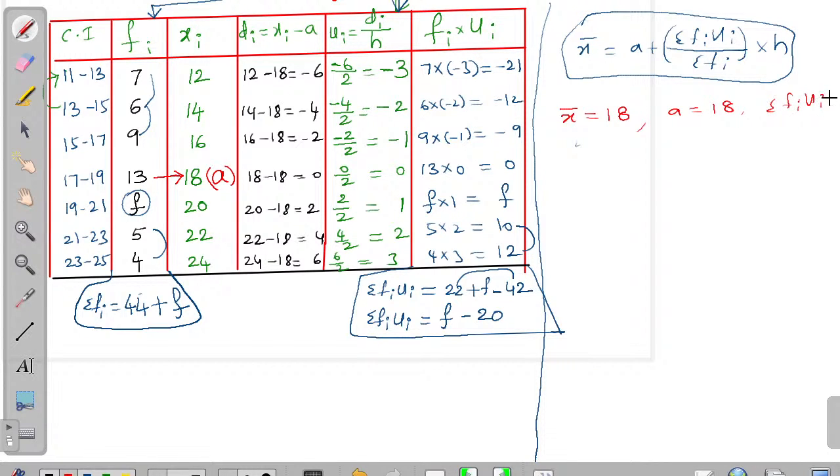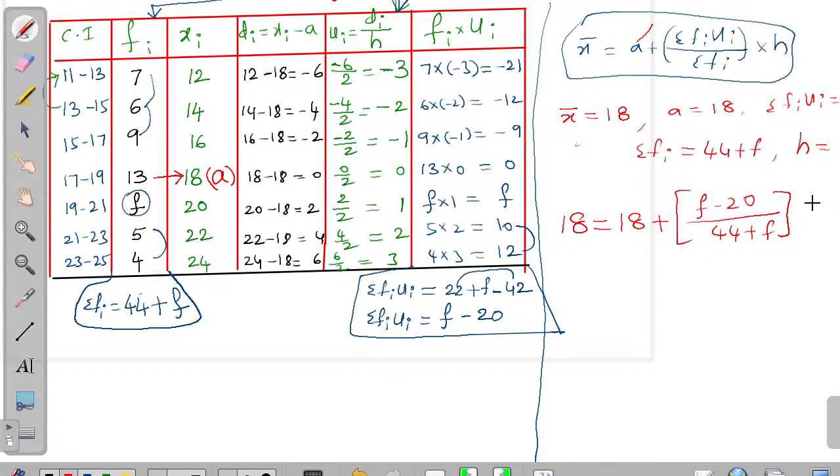Sigma fi ui is f minus 20, or minus 20 plus f, both are the same. Sigma fi is 44 plus f and h is 2. Substitute all these: 18 is equal to 18 plus (f minus 20) by (44 plus f), into 2.